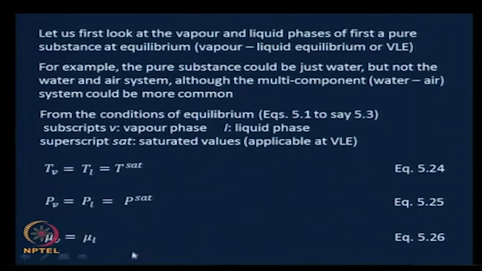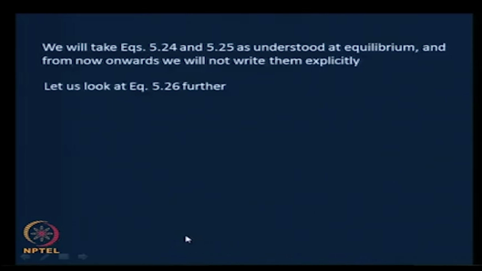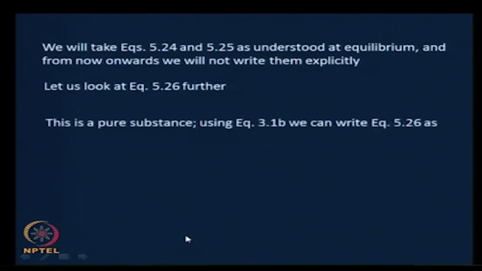Therefore, we will be only concentrating on this particular equation from now onwards whenever we talk of vapor liquid equilibrium. This is a pure substance, and we know that from the condition of equilibrium, equation 5.26, mu of the pure substance in the vapor phase equals mu of the pure substance in the liquid phase.